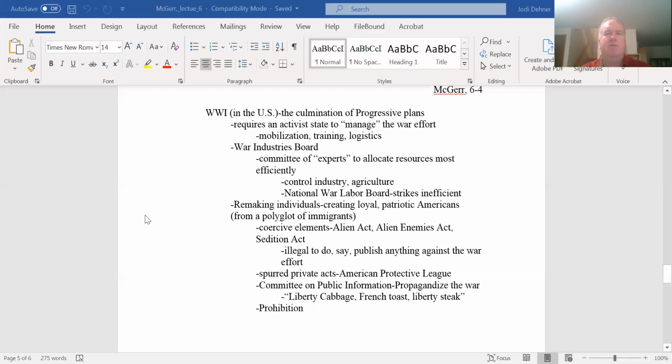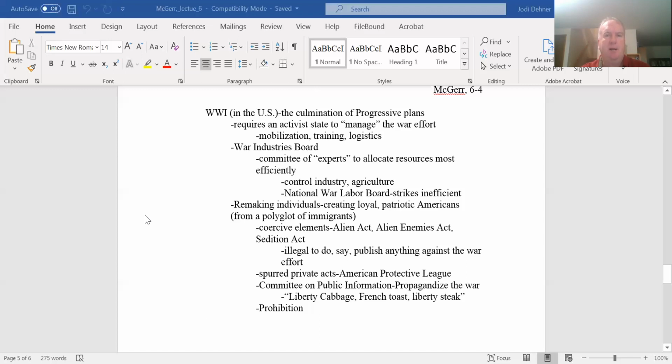So the U.S. is now in the war after April 1917, and the progressives are set to work to manage this process. This activist state is going to prepare and equip massive amounts of troops and deliver them to the battlefield across the ocean in Europe.